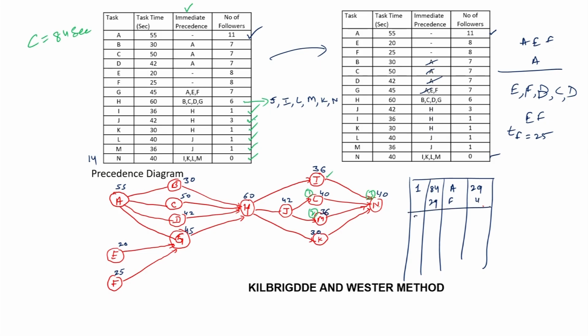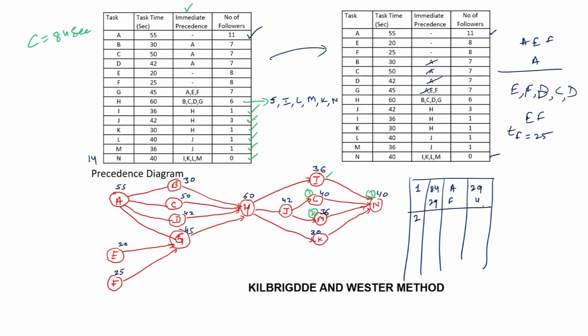So, open workstation number 2 and keep on doing that as we did for the RPW technique or largest element time technique, and we can assign all the tasks to the various workstations, and again we can calculate the line efficiency. So, these are the 3 methods which we have studied, which are almost similar to each other, only the criteria is different.